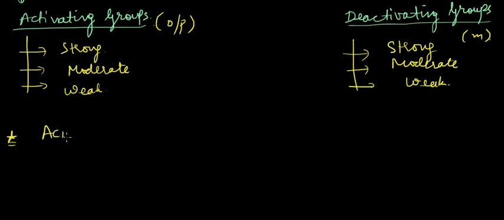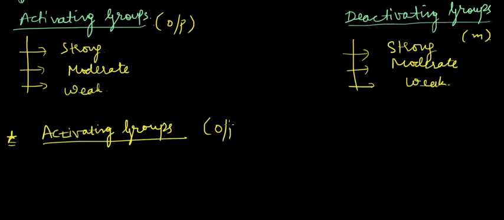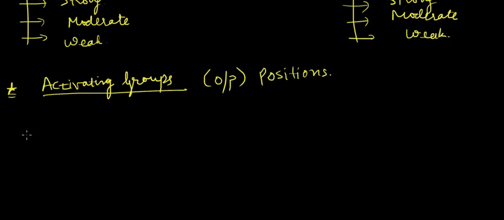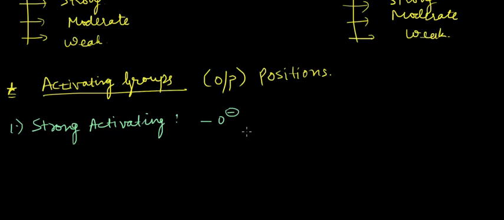Okay, so let us discuss activating groups first. Activating groups direct the incoming electrophiles towards ortho and para positions. Okay, so let us first talk about strong activating groups. Okay, and these are O minus attached to the benzene, NH2, OH, NHMe, and NMe2.